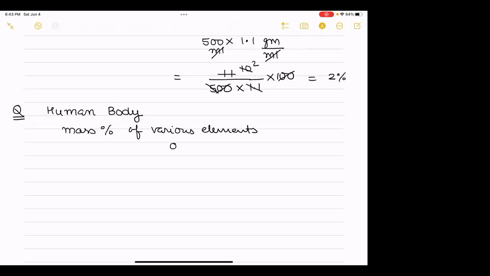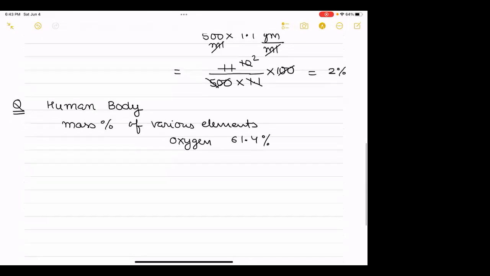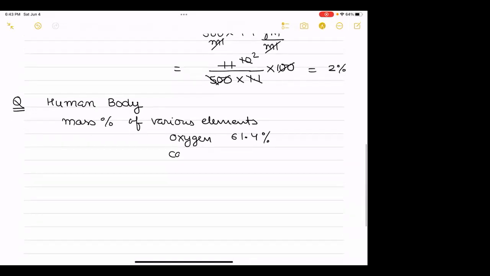So oxygen is 61.4%. Okay. And carbon is 22.9%.